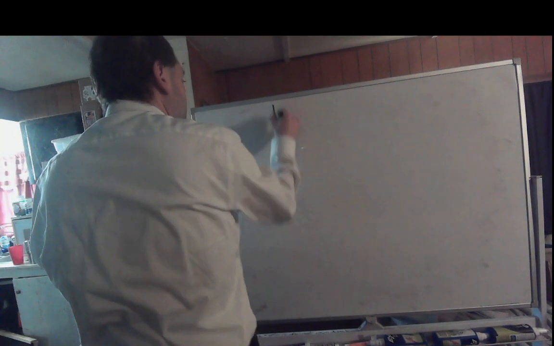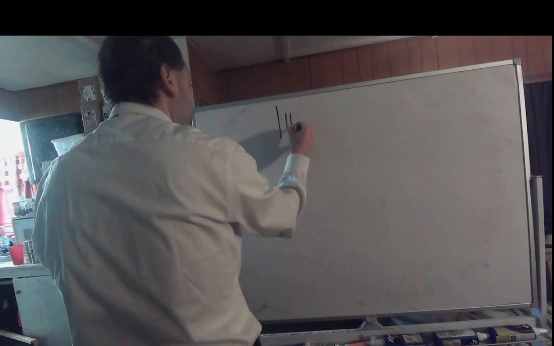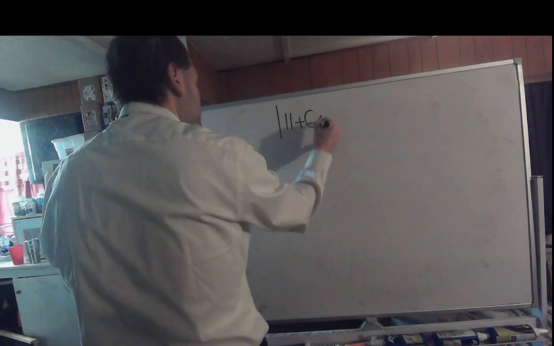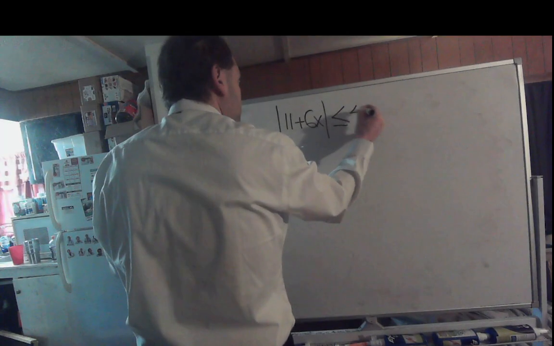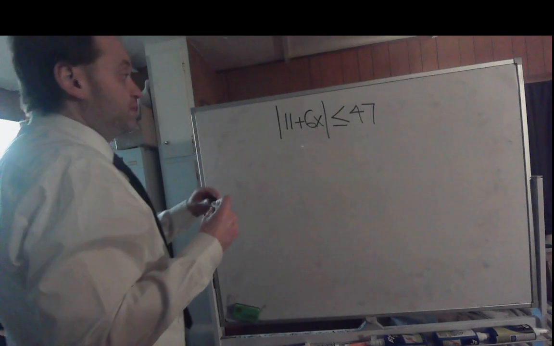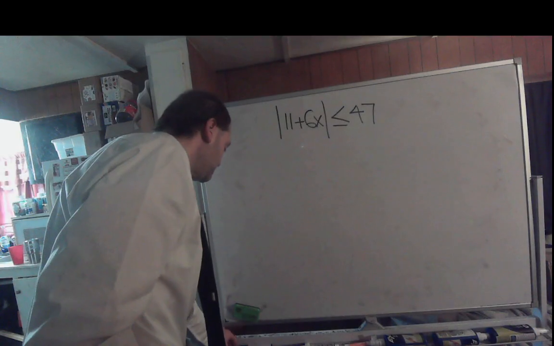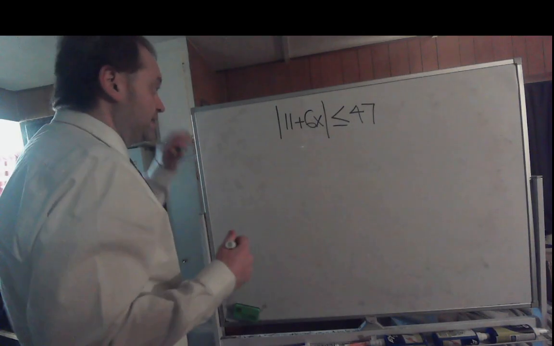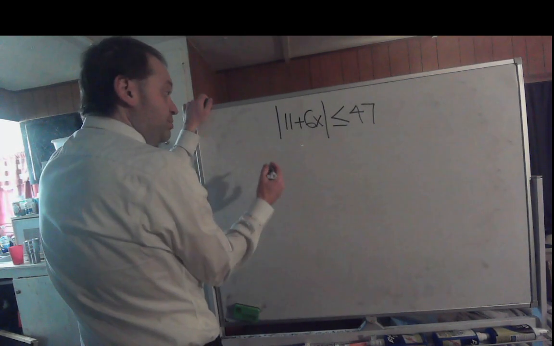All right, we have the absolute value. Whoops, why am I doing two absolute value signs? That made no sense. The absolute value of 11 plus 6x is less than or equal to 47. So let's split these into two separate inequalities.